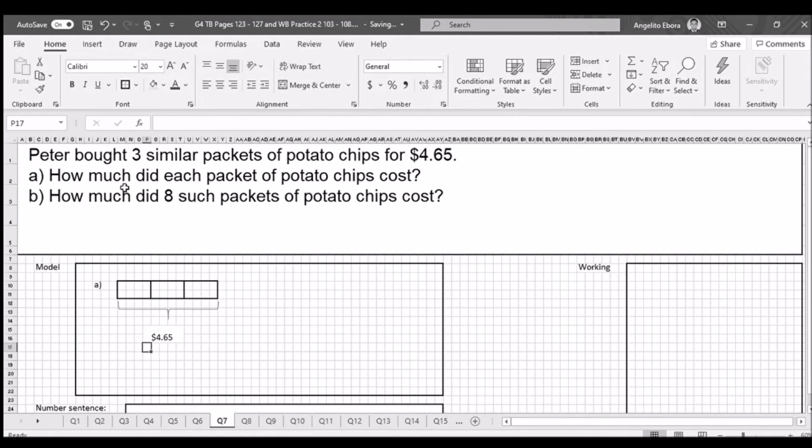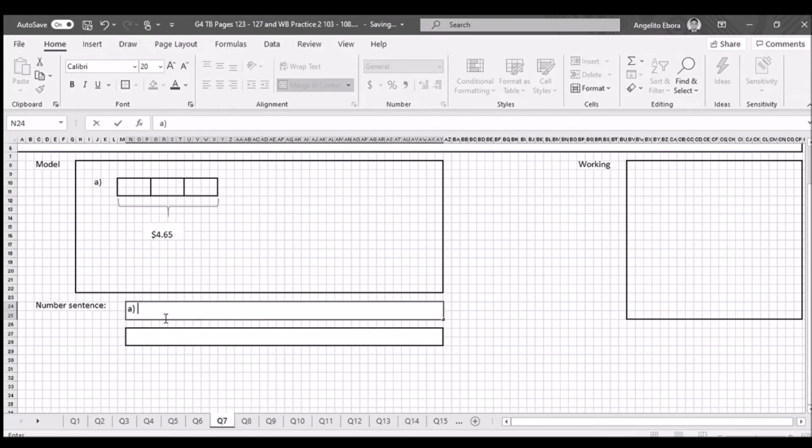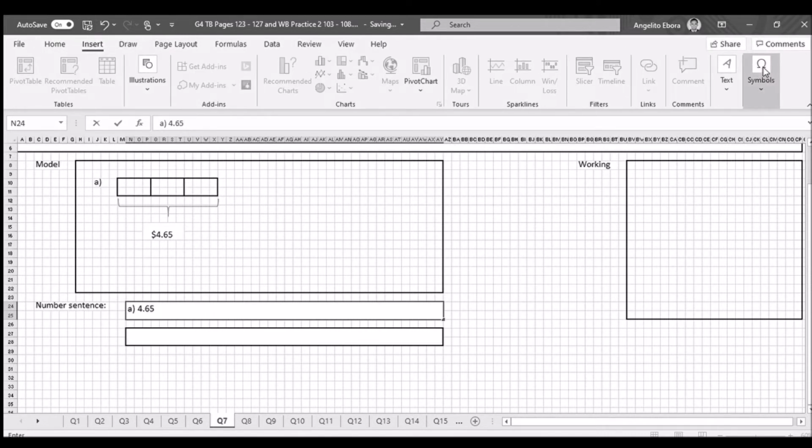Okay, the question is, how much did each packet of potato chips cost? Okay, so we have 3 packets, the total is $4.65. How do we find each? We're talking about each. Okay, that means we need to divide. Okay, so letter A, so $4.65 divided by 3. Okay, we don't know yet, so that's what we need to do. We need to figure it out.